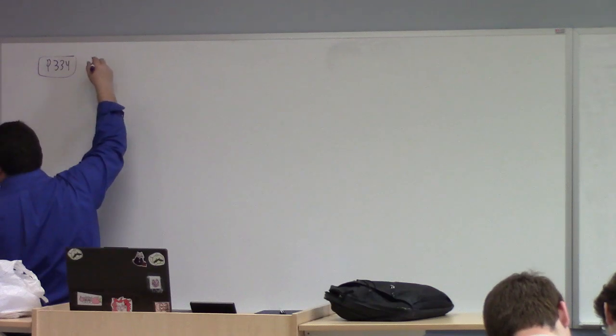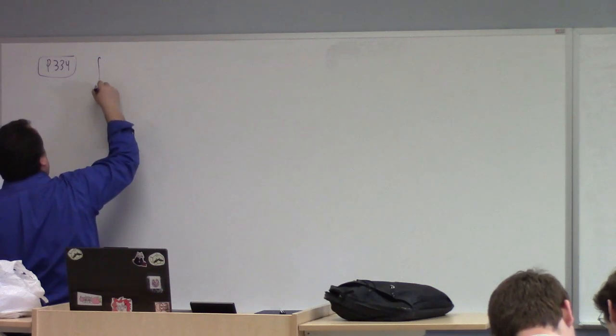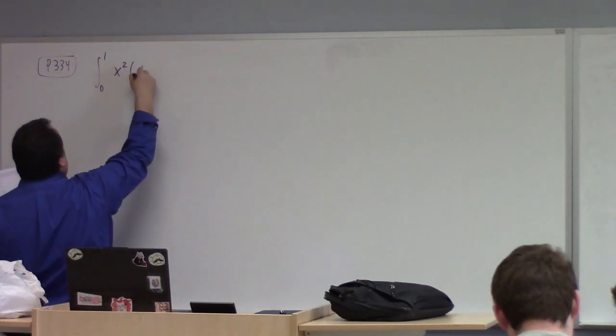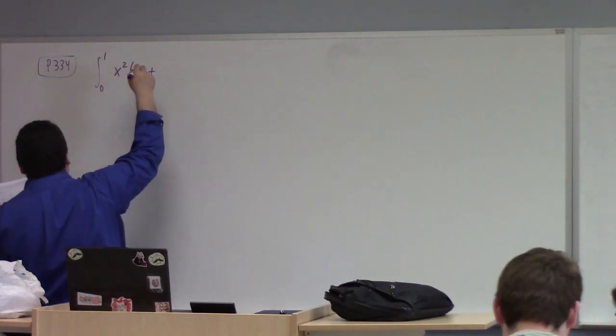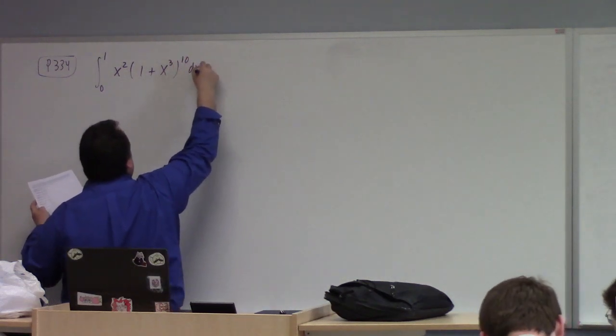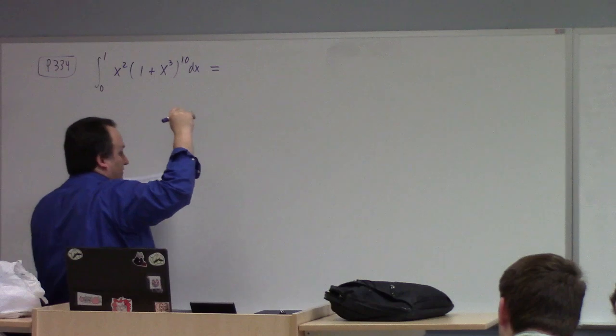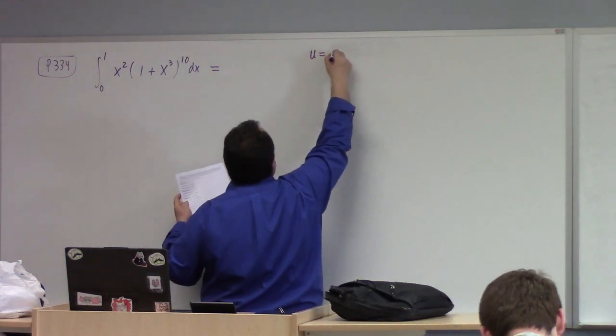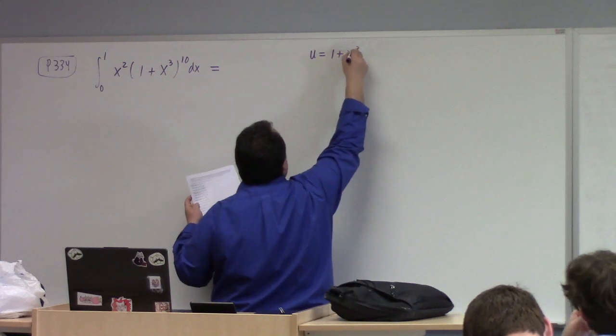The way to do it, you get the integral from 0 to 1 of x squared times (1 plus x cubed) to the 10th power dx. So what I would do here, I would let u equal 1 plus x cubed.